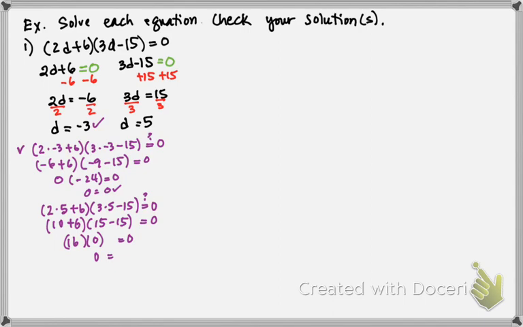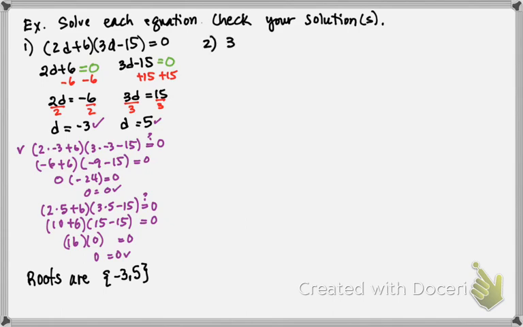And we get 0 equals 0. So what that says is that the d can equal 5. So your answer, or your roots, or solutions, are the solution set that contains negative 3 and positive 5. Okay? All right, next one.